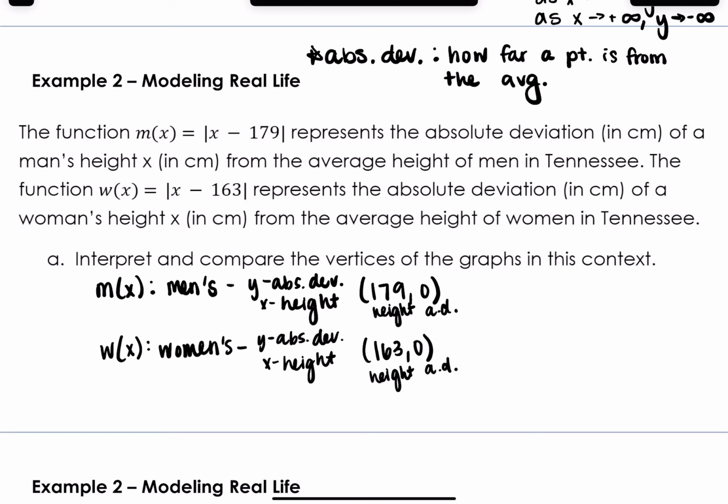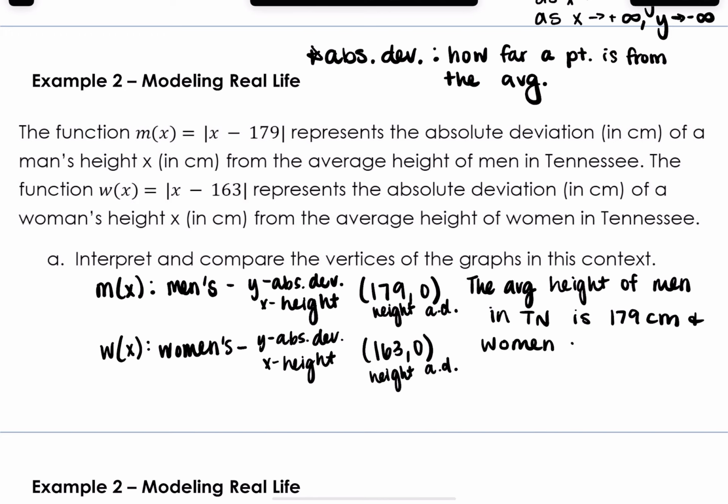So to interpret, we're going to say the average height of men in Tennessee is 179 centimeters. And women in Tennessee is 163 centimeters. To compare, that's as easy as it looks.